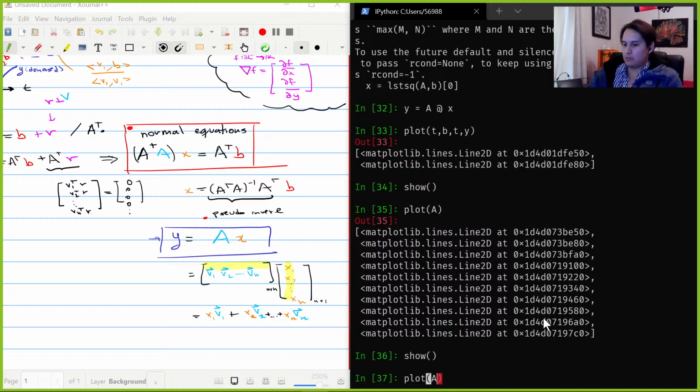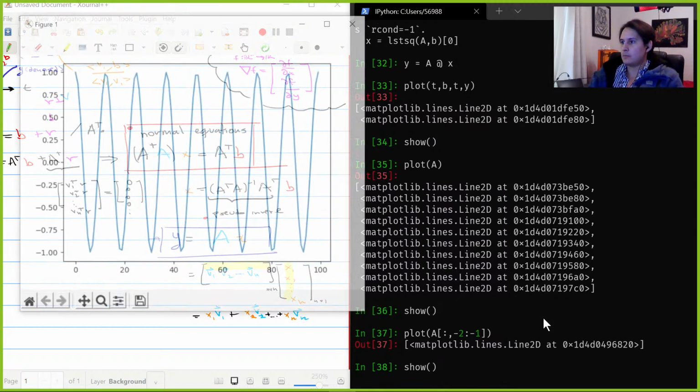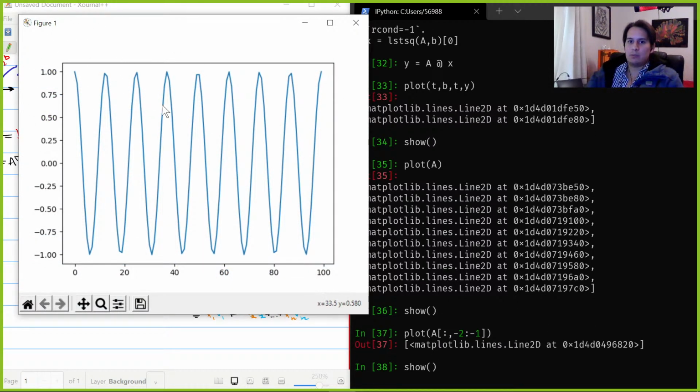But if we look, for example, at the last two basis vectors, from -2 to -1, we see this is the maximum rate of change that our function can have. So if the noise changes faster than this, it can't be represented with this set of vectors, and therefore we get a smoothing of the function.